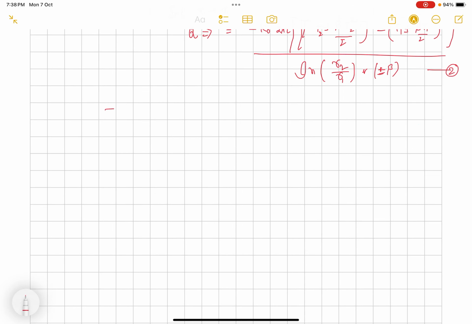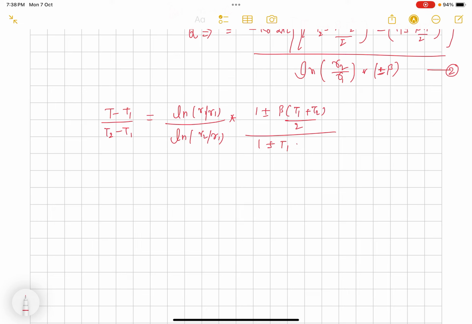So we have (T minus T1) divided by (T2 minus T1) equal to ln(r by r1) divided by ln(r2 by r1) times [1 plus beta times (T1 plus T2) by 2] divided by [1 plus beta times (T1 plus T) by 2].